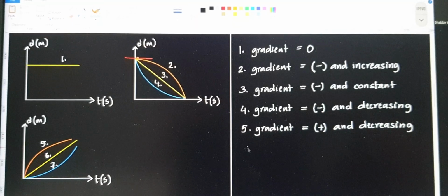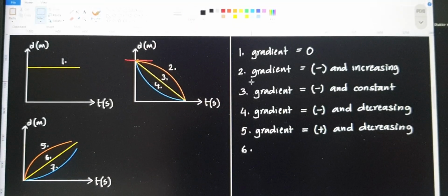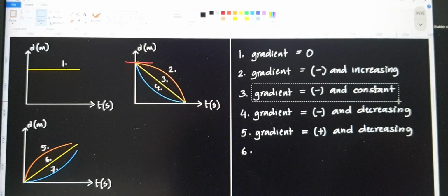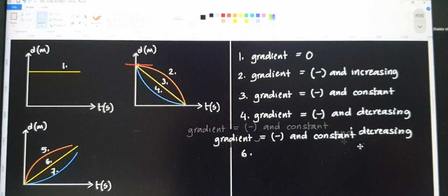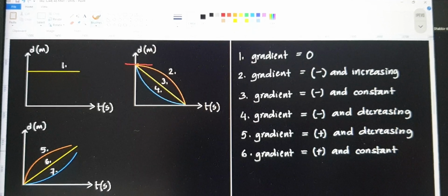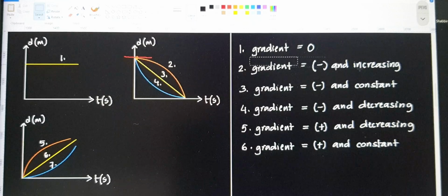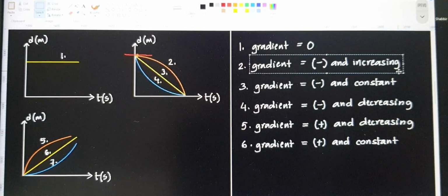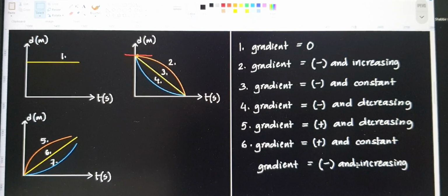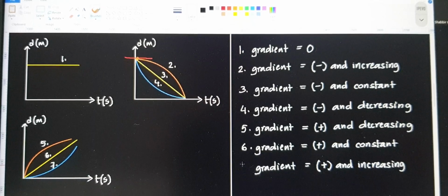Okay. Number 6. Positive and constant. Agreed? And then obviously the only one left is number 7, which is positive and increasing.